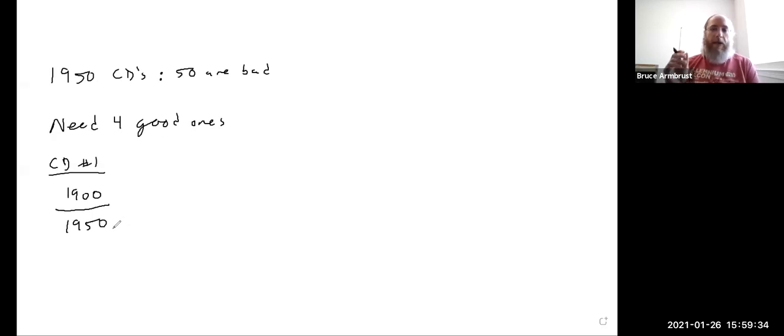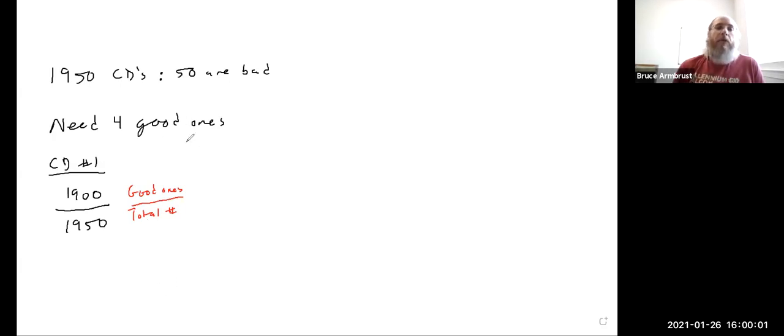So if I just randomly pull 1 CD out of this stack, this is the probability that it's a good one: 1,900 out of 1,950. Again, the structure on this fraction: this is the total number, and these are the good ones.